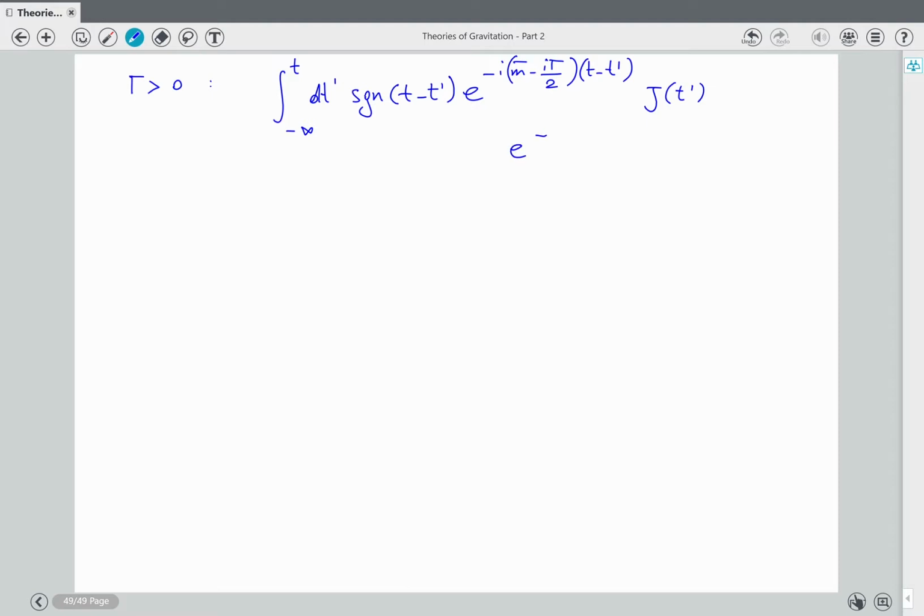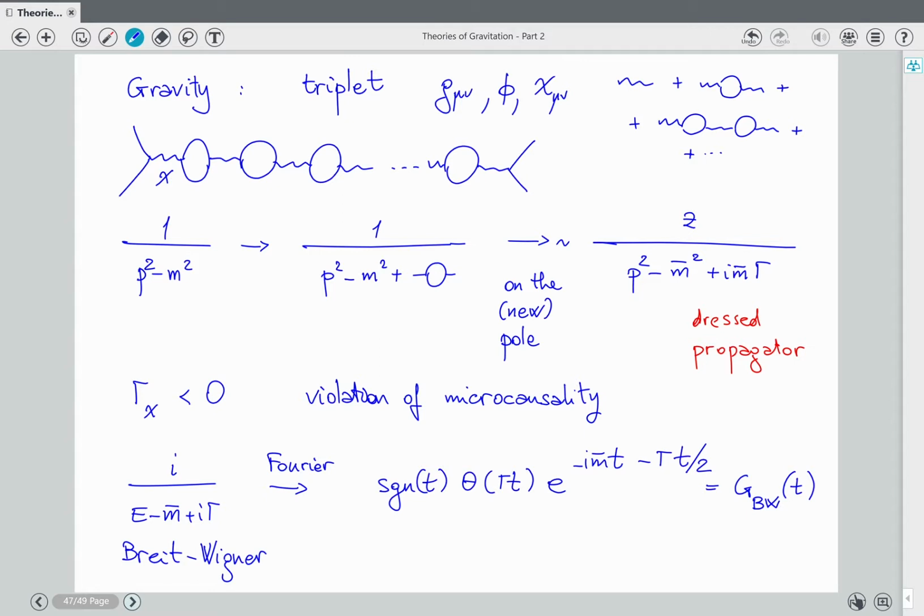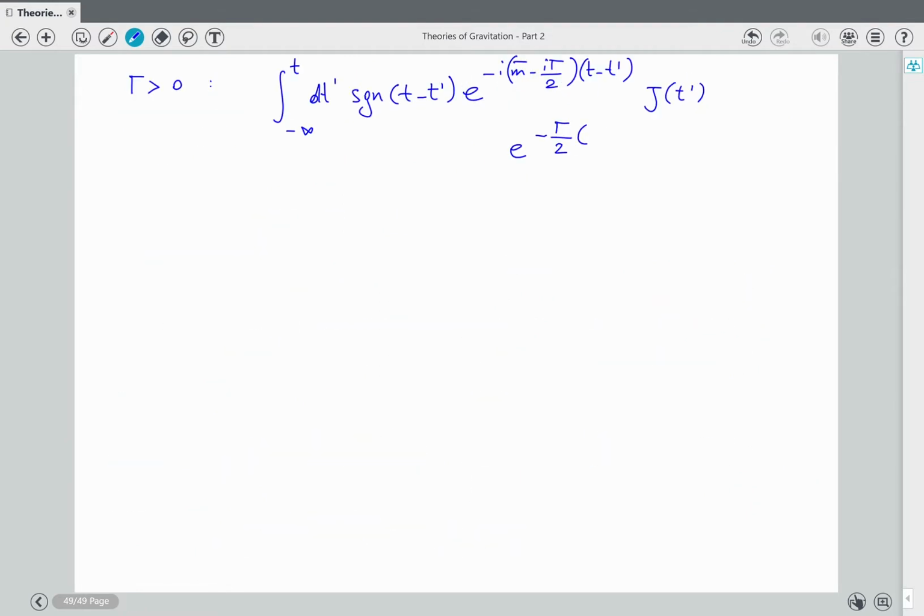Let's recall that the gamma part, which is the real part in the exponent, is minus gamma divided by 2 (t minus t prime), and since t minus t prime is always positive, that's a damping factor.